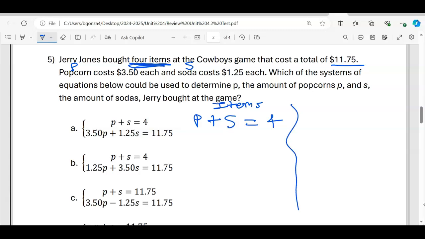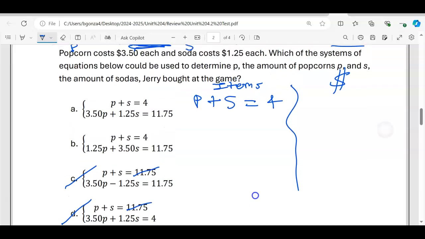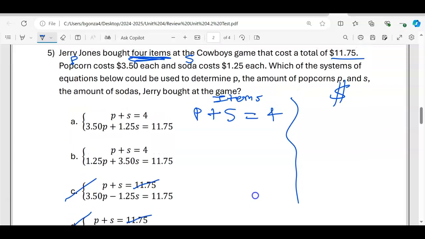Now your other equation is going to involve money. Okay, so if I'm looking at my answer choices, so far, the items adding up cannot add up to the money, 11.75. C and D are eliminated, right? So all I have to add on to P and S is their values, their money values.